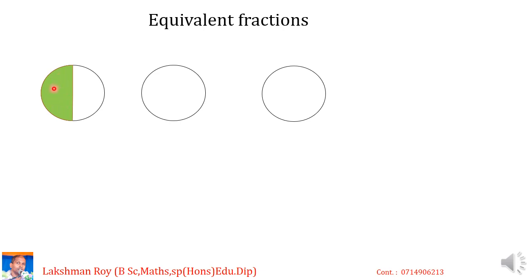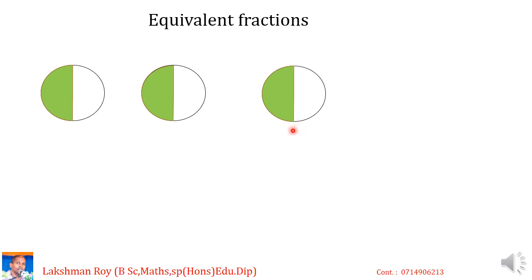Portion means part. From this whole figure I colored this part. Then in this figure I colored the same portion, the same part. In every figure the colored portion is the same, is equal.